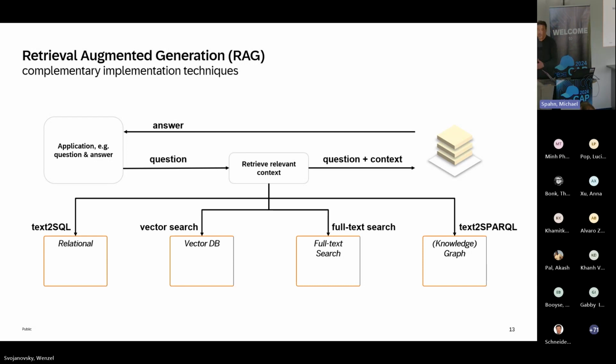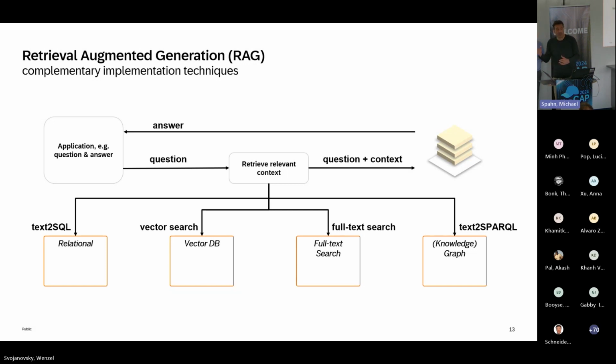On the other hand, most of you have built full text search applications, which you can also plug into such an architecture using keyword, or sometimes called sparse, retrieval techniques. Last but not least, some approaches also leverage knowledge graphs, so RDF graphs and SPARQL as a query language, in order to retrieve a little bit structured context for such a RAG application.